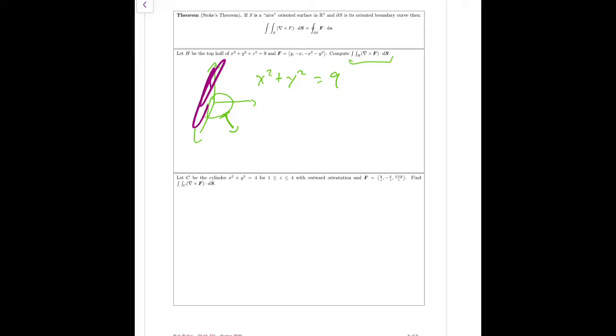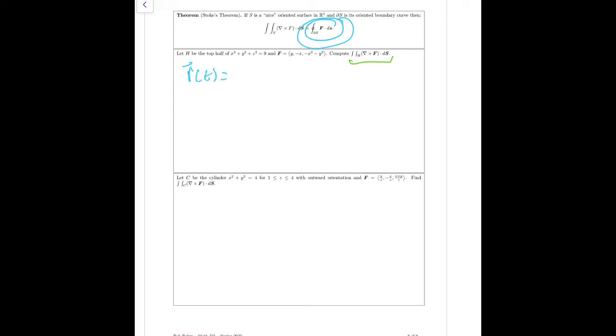So the thing that we want to compute is the line integral of that vector field over the circle of radius 3 centered at the origin with counterclockwise orientation. To compute this, we need to come up with a parameterization.